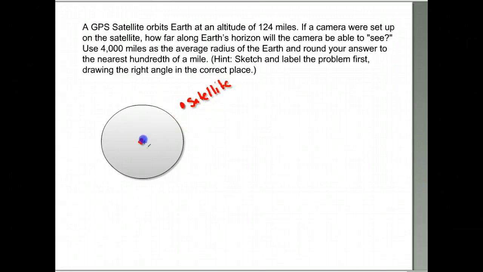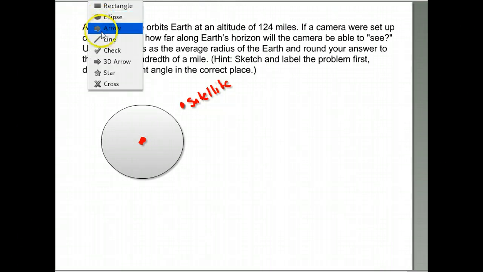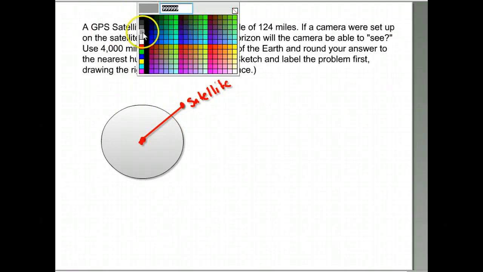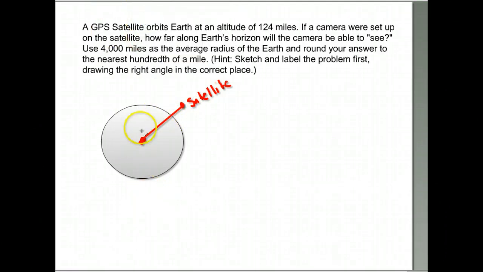Then we have the center of the Earth here. This satellite, it said, was 124 miles off of the surface of the Earth. That's its altitude. And we also knew that the radius of the Earth is about 4,000. So this part of my line is 4,000, and this part here is 124.